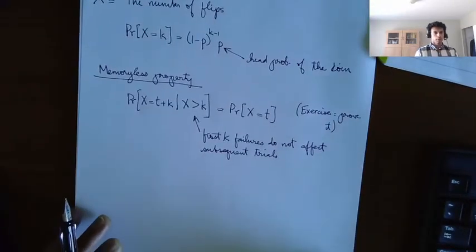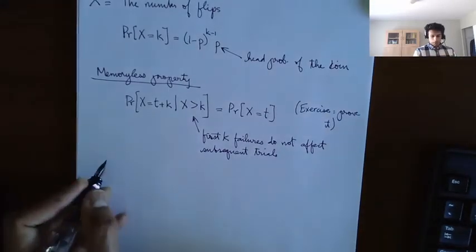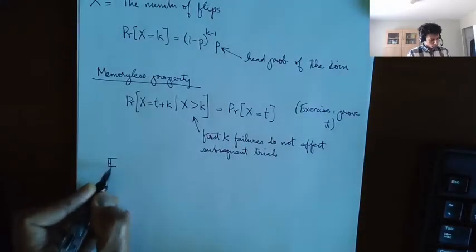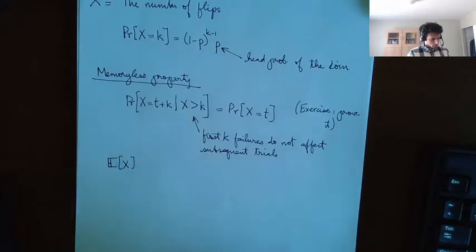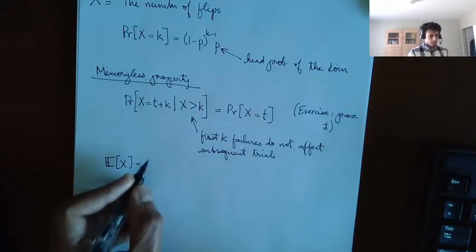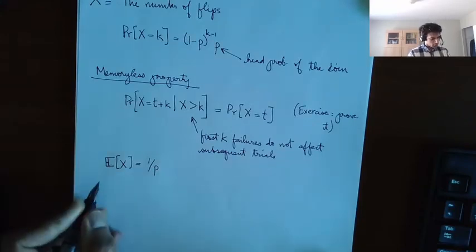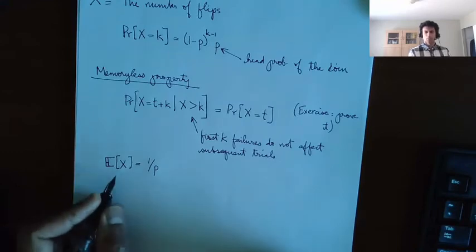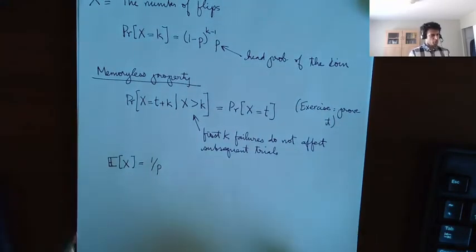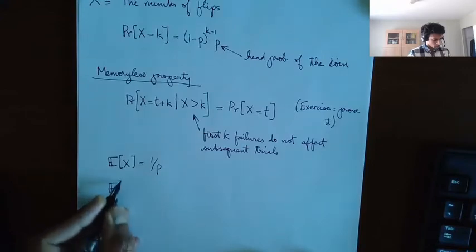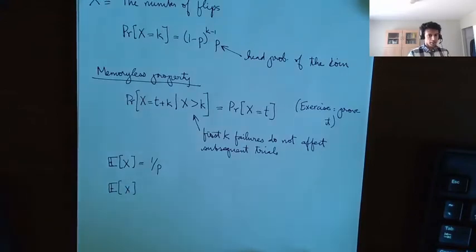Okay, but the expectation happens to be exactly 1 over p. And this can be proven again. Let me just prove it over here, because it's a nice exercise of using the memorylessness. So what is the expectation of X?